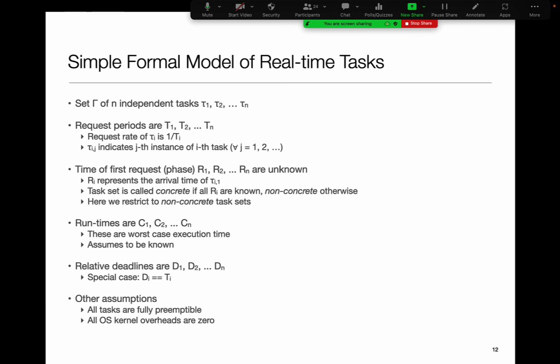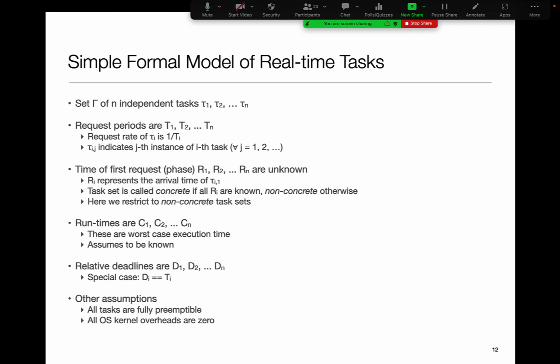Computationally, you can say I have two different problems here. One version of the problem is where I know what the R values are, and therefore everything about the system is known right at design time, and I can solve that problem. I can figure out when to run what. It's what you would call a static design problem, right? Everything is known upfront. People refer to it as concrete.